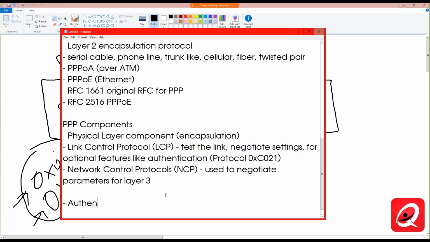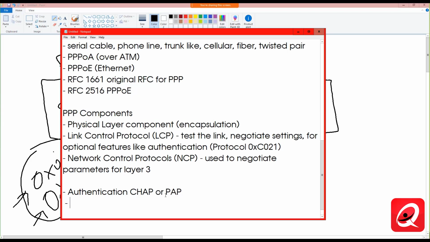So when it comes to PPP, we have authentication mechanisms, and there are multiple ones, actually 4 different authentication methods that you can use with PPP. The most common one is CHAP, Challenge Handshake Authentication Protocol.